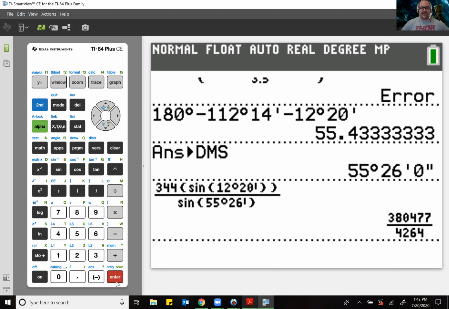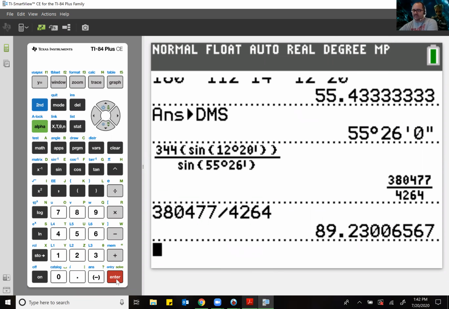And it actually kicked out a fraction. That's weird. Usually it doesn't do that. So just type that fraction in as division. Divided by 4264. So it is a distance of 89 meters.